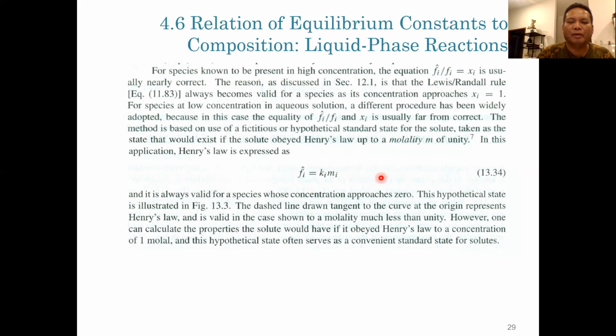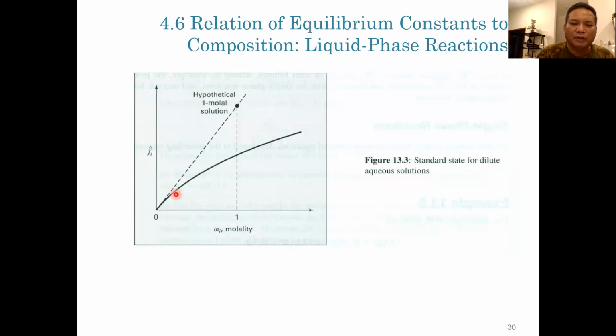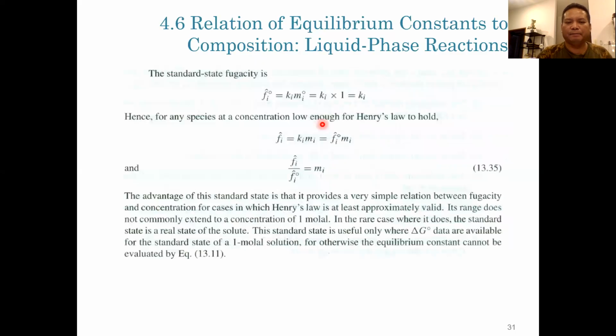So if you plot phi against molality, at very high dilution it very much follows Henry's law. If it is a pure species, then it will follow Lewis-Randall. For the standard fugacity, I think you guys can look at it. We can compare it here, the standard to the actual, and we get the ratio here as m i.